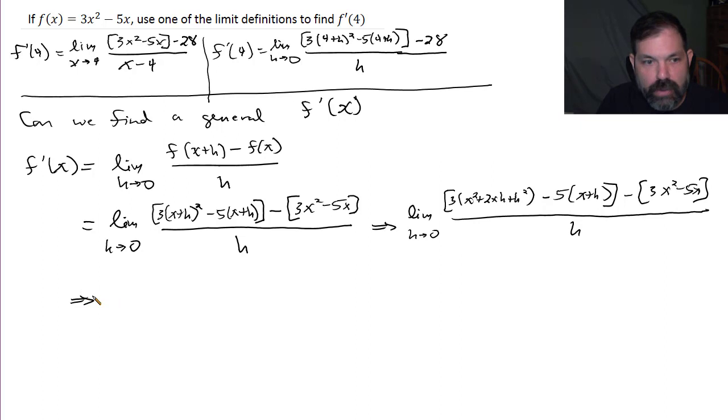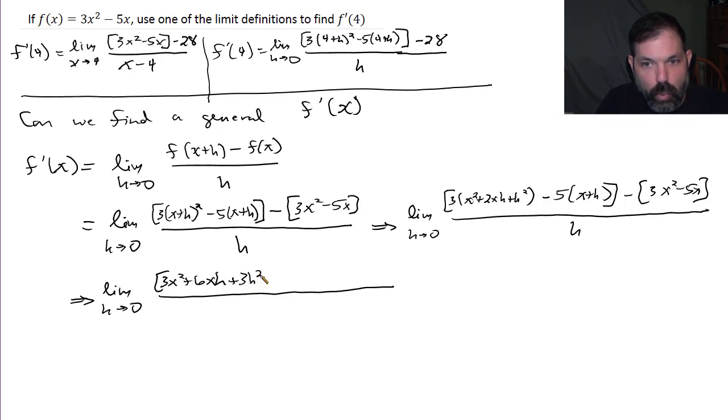Alright, so then that gives us the limit with h approaching 0. Distributing gives me 3x squared plus 6xh plus 3h squared minus 5x minus 5h. Be careful distributing negatives.